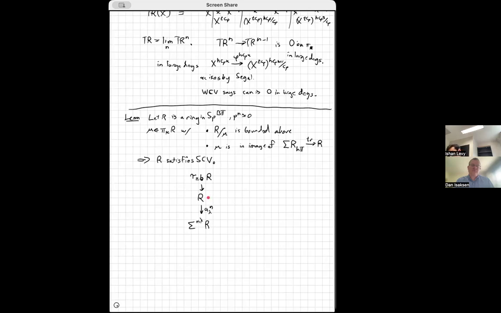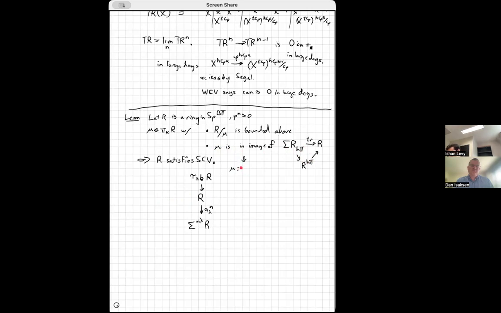Well, okay, so now what we can do is consider that mu is in the image of the transfer map. This transfer map factors through the homotopy fixed points of R by T. And so what that's saying is that mu actually refines to an equivariant self-map of R. So this implies that mu is in fact an equivariant self-map.